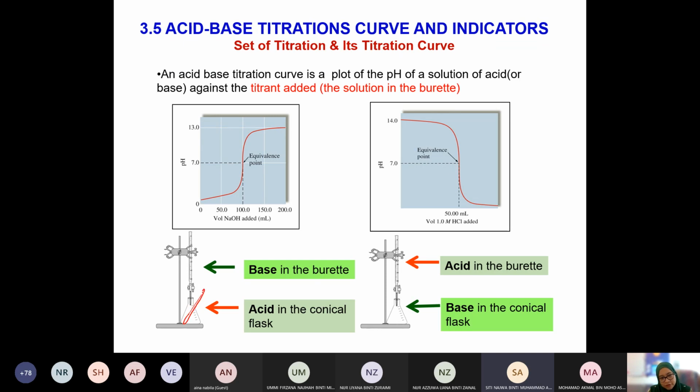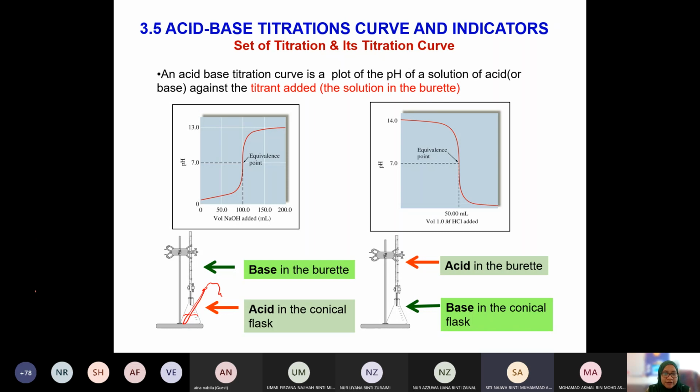Okay. So assume this is your pH meter. So you have acid in there, in the conical flask. So you place the pH meter down in the conical flask. You don't place the pH meter in the burette. It is difficult to place the pH meter in the burette. So you place the pH meter in the conical flask.